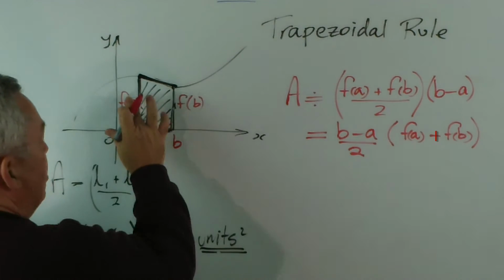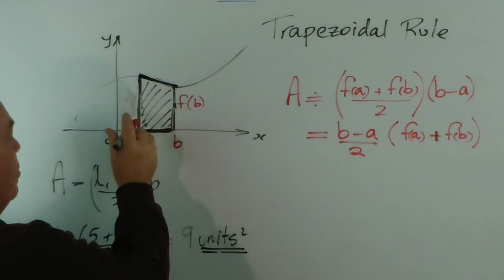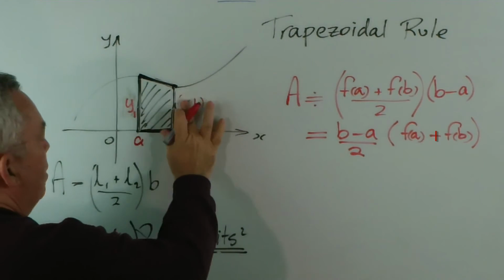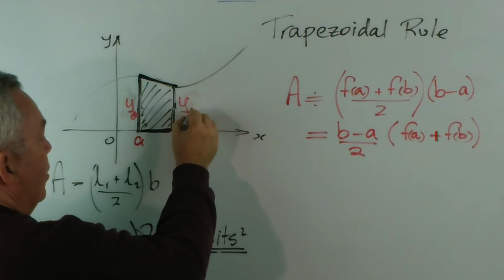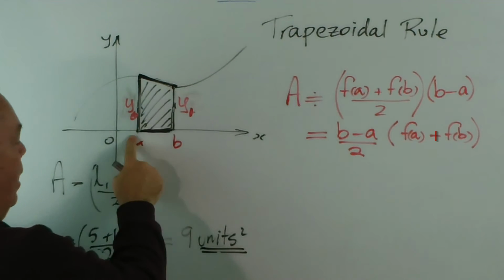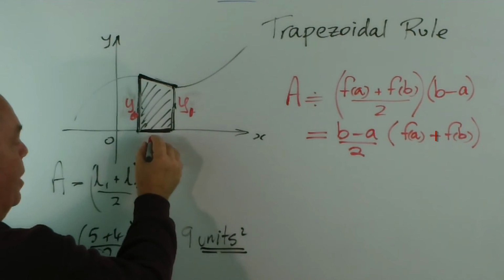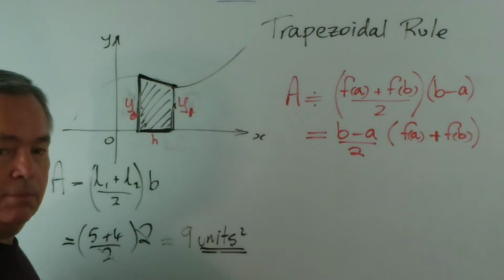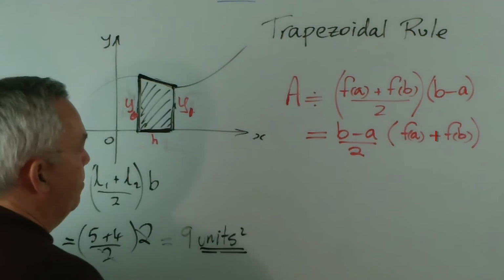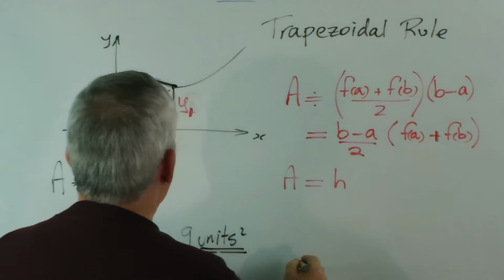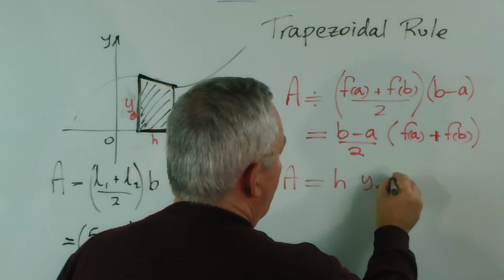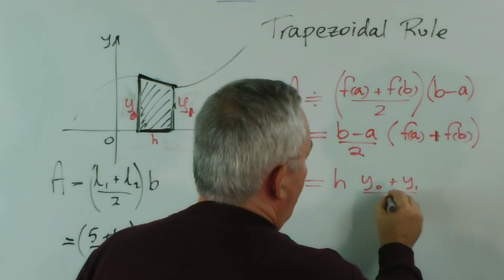Some textbooks will replace the function values with y values and call it y1 and y2, or y0 and y1 is very common. And they'll just refer to this as the height of the trapezium. So they will say the area is approximately the height times y0 plus y1 over 2.